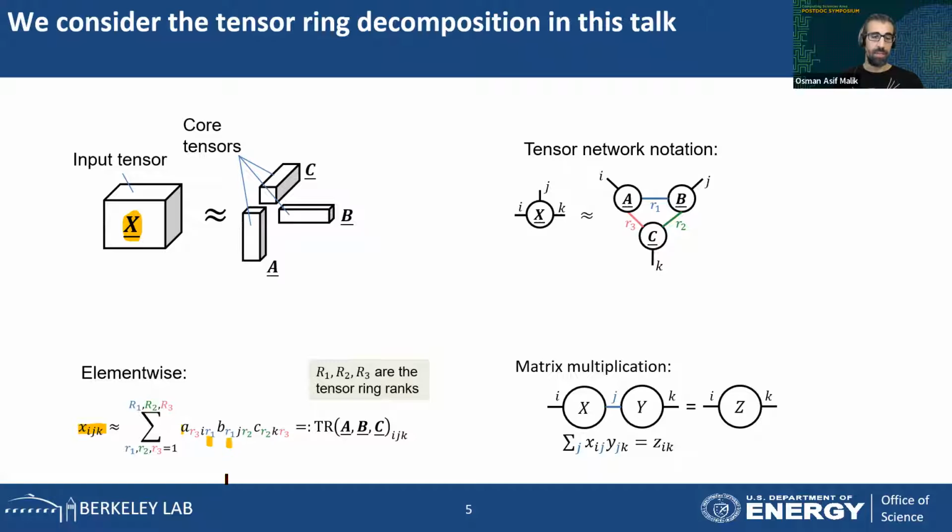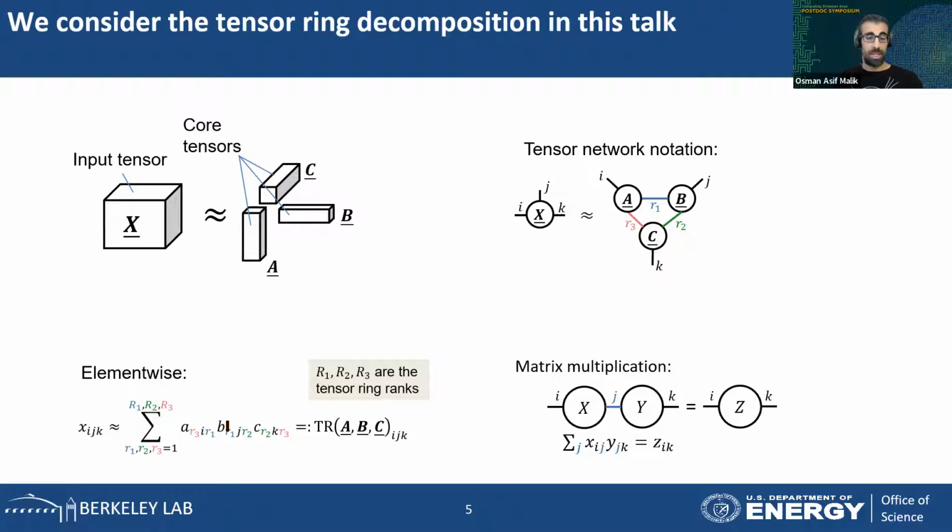So A and B have an index in common, B and C have an index in common, and C and A have an index in common. And then we sum over these r1, r2, r3 from 1 up to capital R1, R2, R3. And these numbers up here are known as tensor ring ranks. So when I refer to rank later on, these are the numbers I talk about.